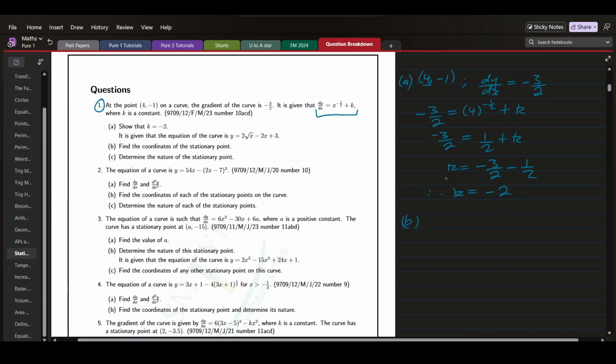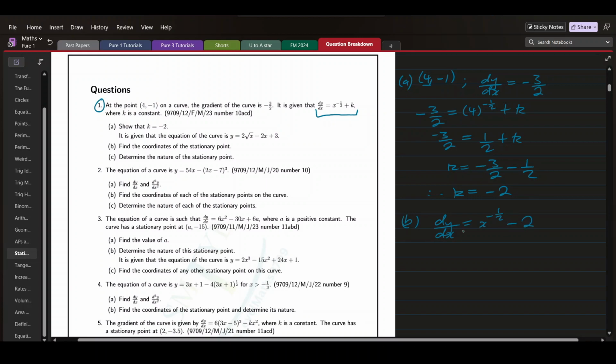Part B, it is given that the equation of the curve is y = 2√x - 2x + 3. Find the coordinates of the stationary point. Okay, so we now know that dy/dx is equal to x^(-1/2) + k, where k is -2, so we can substitute k here with -2.